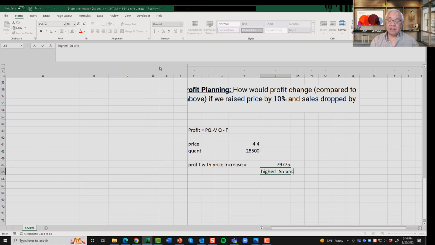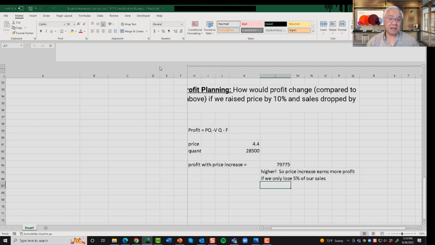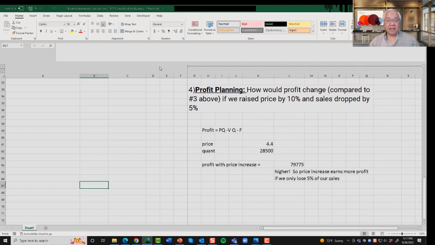So price increase earns more profit if we only lose 5% of our sales. Notice this is a big if. We don't know. We just kind of hoped, maybe, that we only lose 5% of our sales. Okay? So that is our fourth scenario.